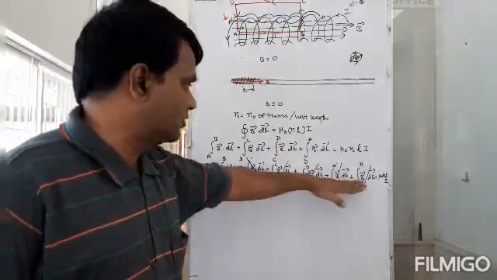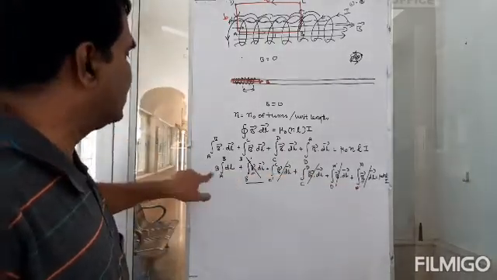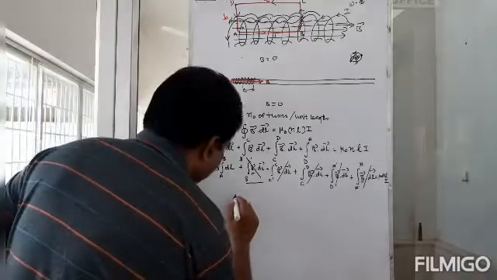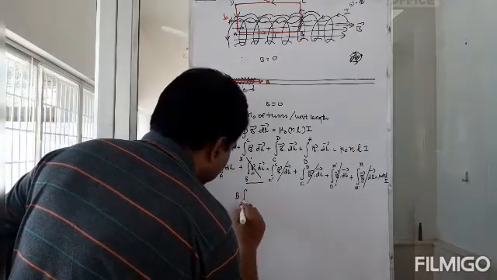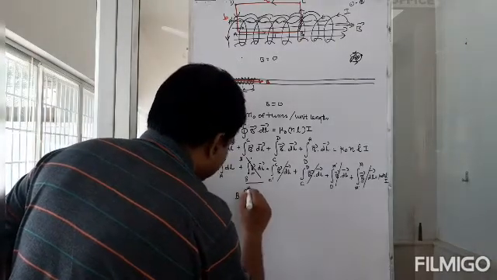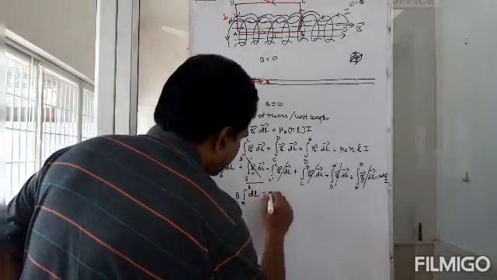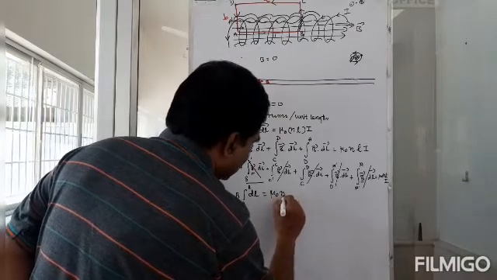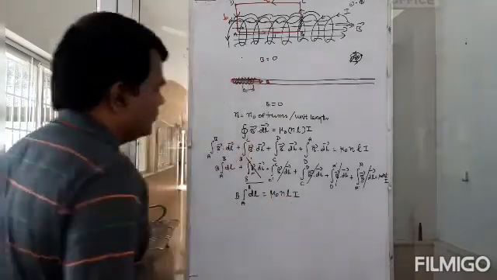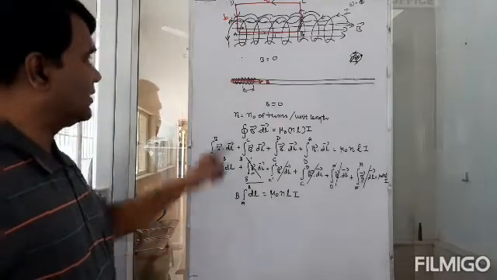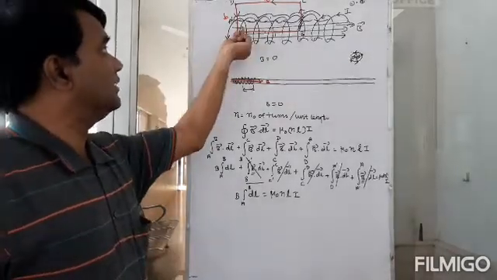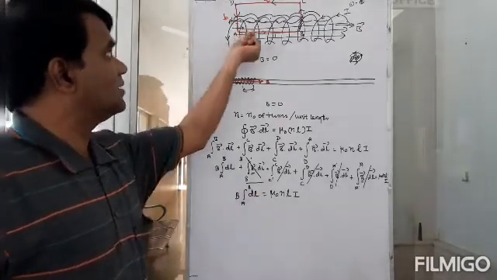So all these terms are gone, so you are left only with B, then A to B, of B dot DL, which is equal to mu naught, and then N L into I. Okay, but A to B, we keep adding DL, DL, DL.